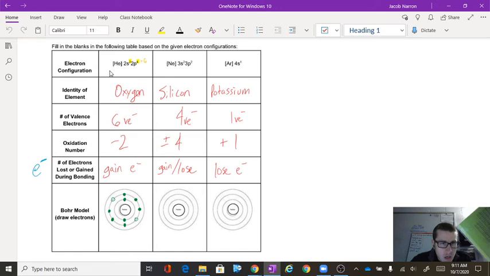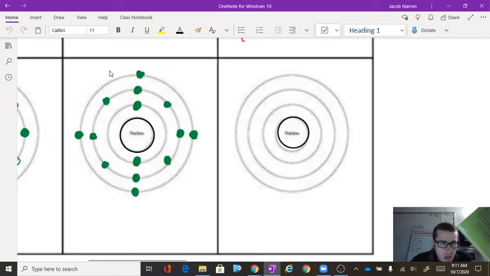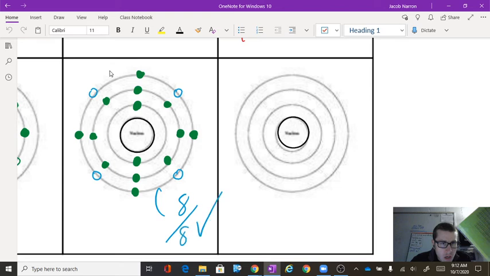Now we look at the next one, silicon. Silicon has a total of 14 electrons when it's neutral. So we have 1, 2, 3, 4, 5, 6, 7, 8, 9, 10, 11, 12, 13, 14. At this point with silicon, I could either gain 4, 1, 2, 3, 4, and then it has 8 out of 8 in the outer shell, and we'd be happy.